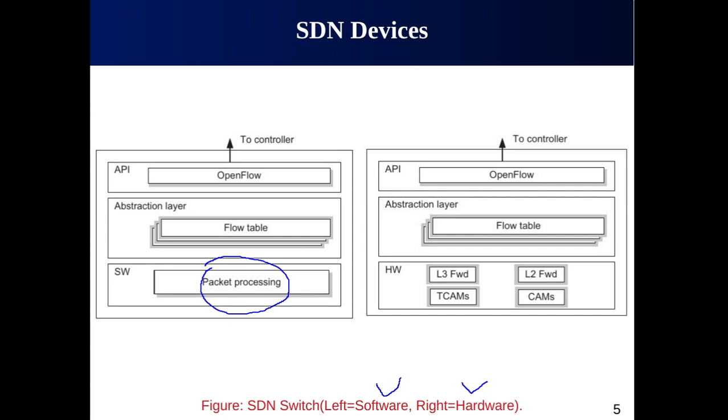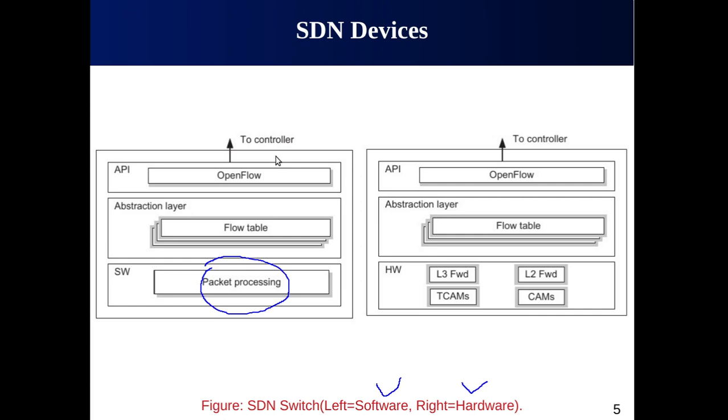So the switch has to consult the flow table. When a match is found, the incoming packet is processed locally. Okay. But when no match is found, the packet may be copied to the controller for further processing.